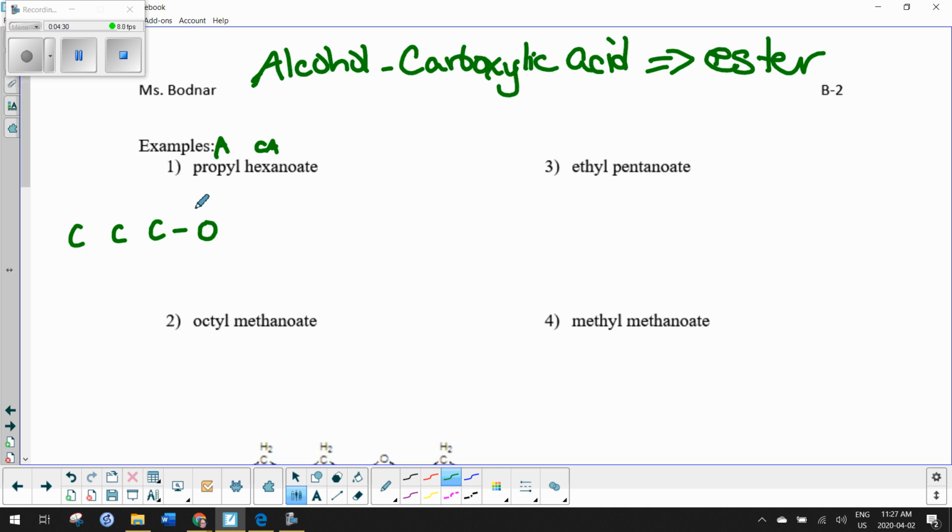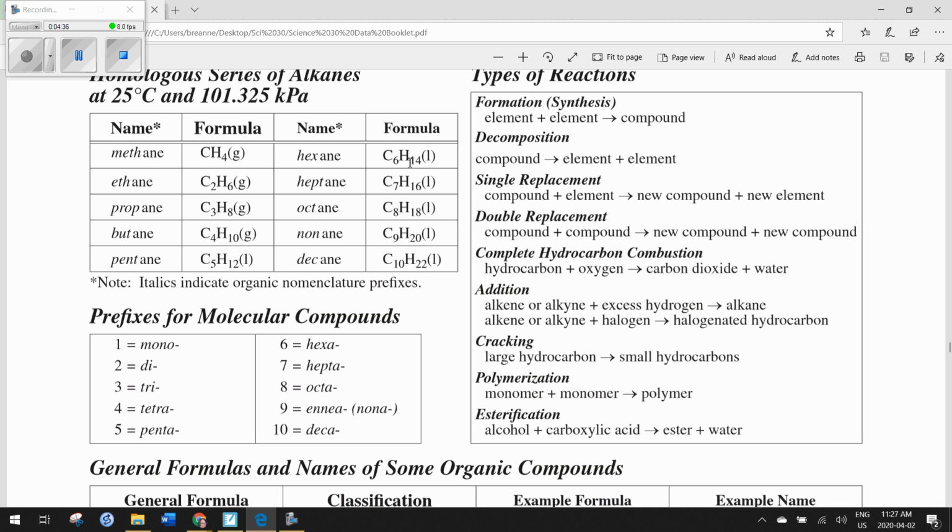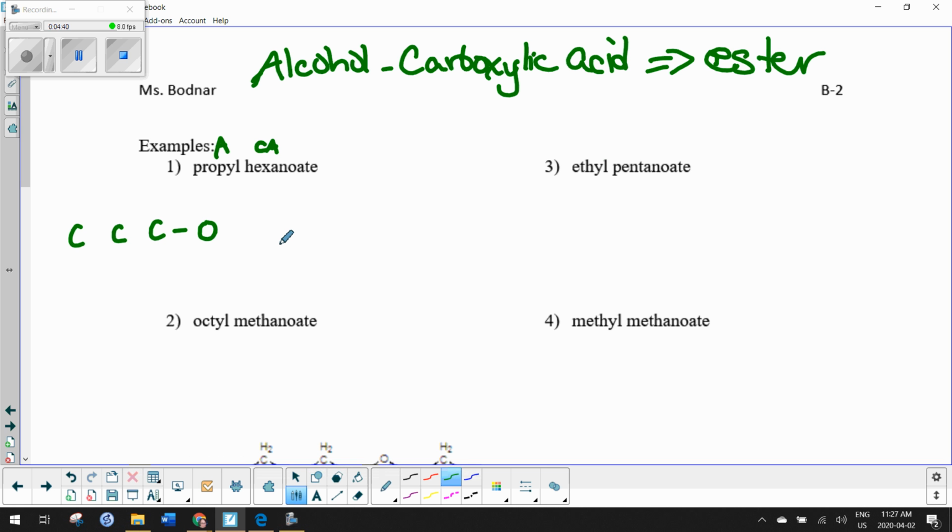We'll add in the hydrogens after. Now, hexanoate. Hex means 6, so I'm going to draw 6 carbons on the opposite side: 1, 2, 3, 4, 5, 6. The first carbon is going to have the double bonded O.